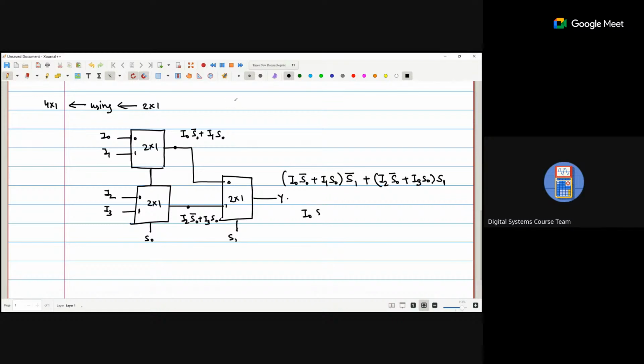So it is I0 S1 bar S0 bar plus I1 S1 bar S0 plus I2 S1 S0 bar plus I3 S1 S0. This is one type of problem.